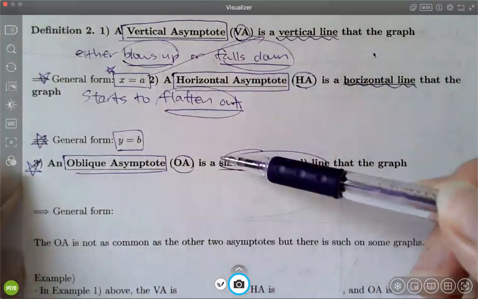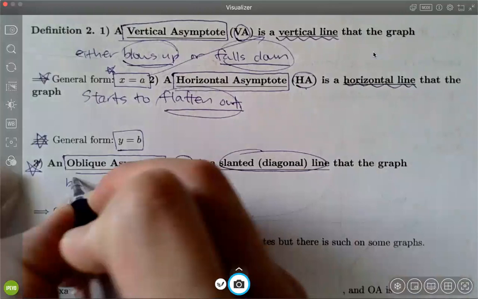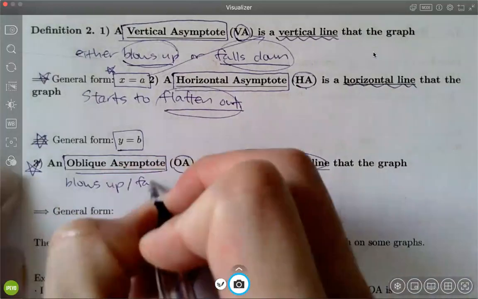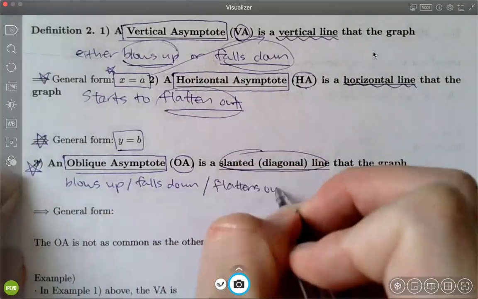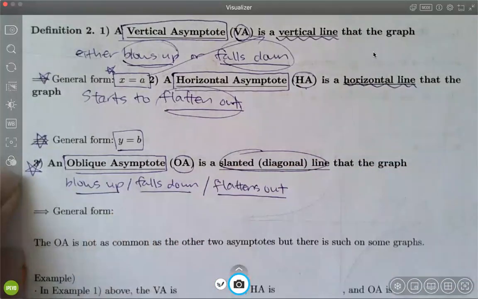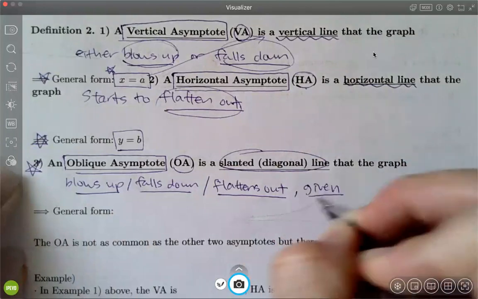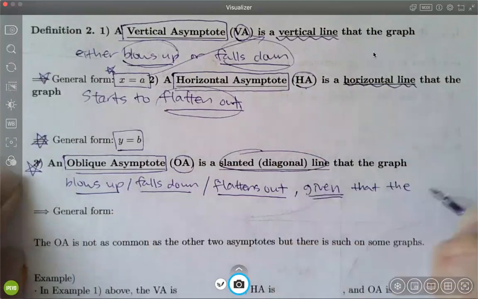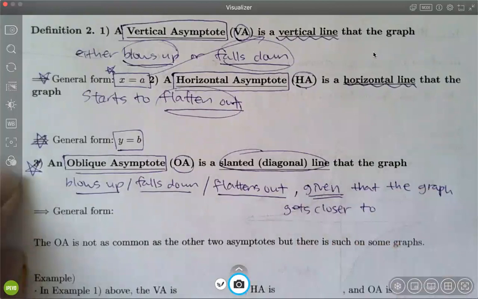It has all three phenomena, such that the graph blows up, falls down, or flattens out. So it observes all three phenomena, given an extra condition: given that the graph gets closer to this OA.